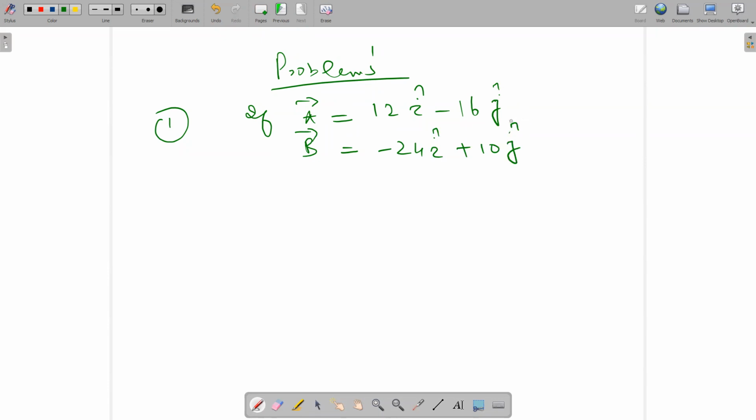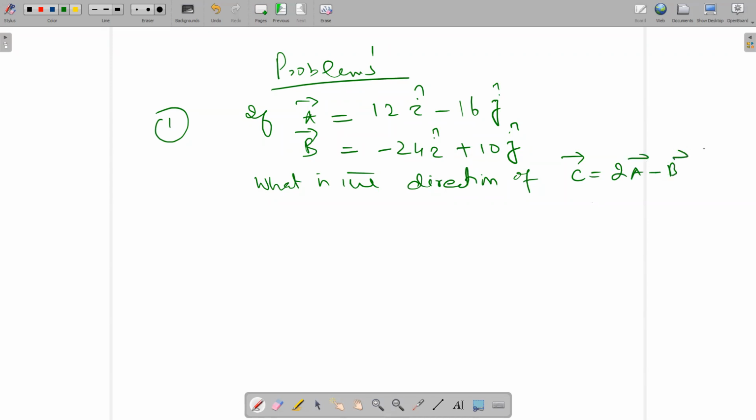The question is, what is the direction of vector C, where C vector is 2A minus B? Direction means we have to find the angle theta.